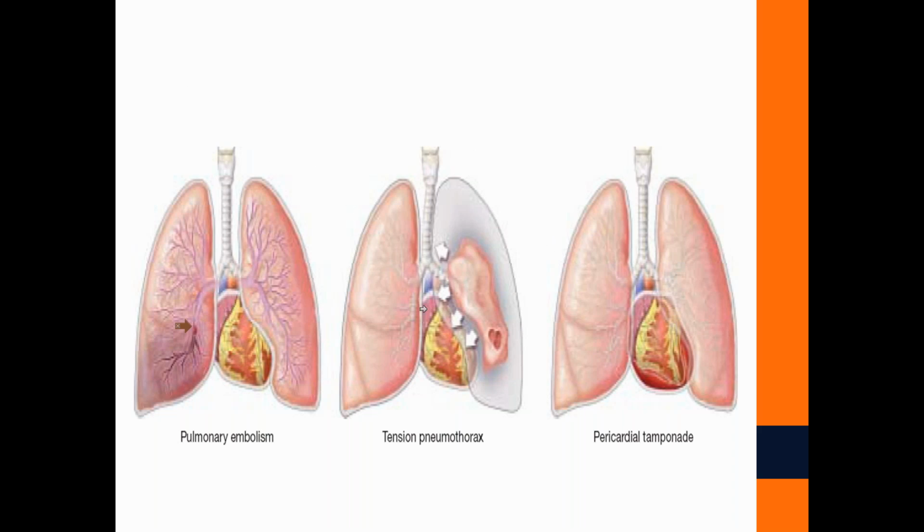The middle picture is the tension pneumothorax I talked about. We have the lung inside of its pleura, and the pressure has built up inside of that pleural space and deflated the lung. The pressure just continues to build until soon enough it starts to put increased pressure right here on the vena cava.